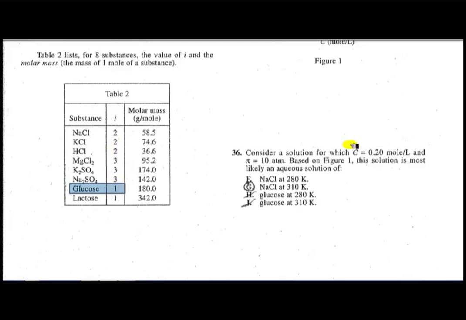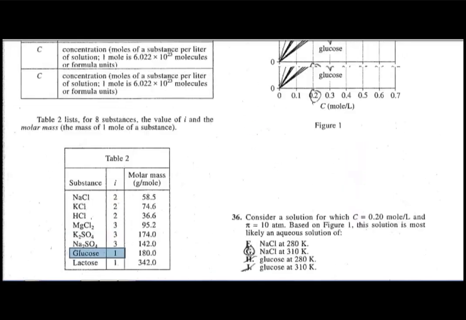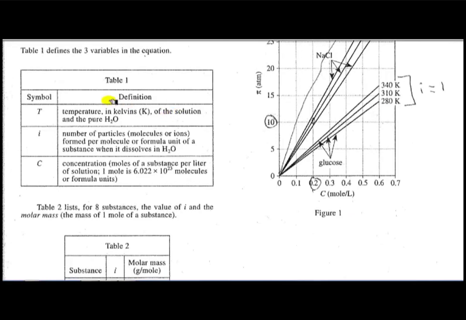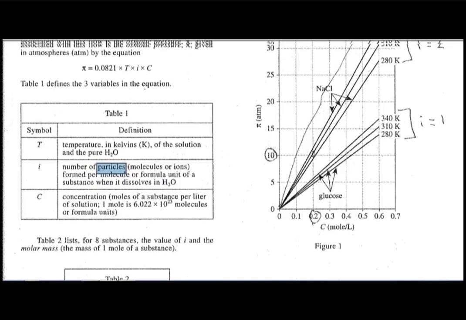You get 2. What does I mean? You can go up to table 1 here, find out what I means, and I means the number of particles or molecules formed when you're dissolving it in water. The number of particles. Well, that would make sense.